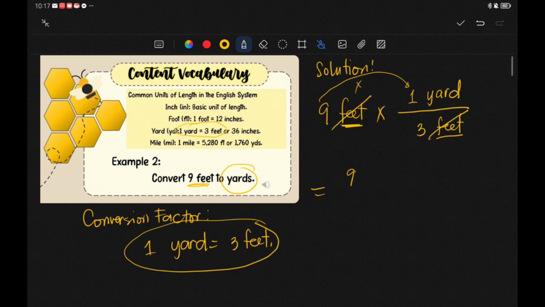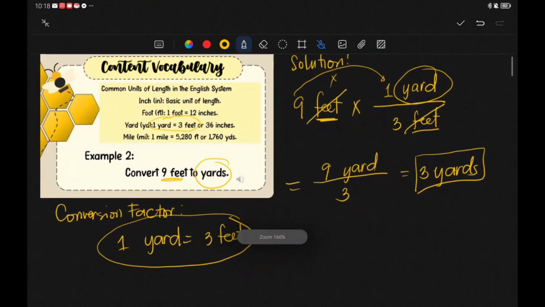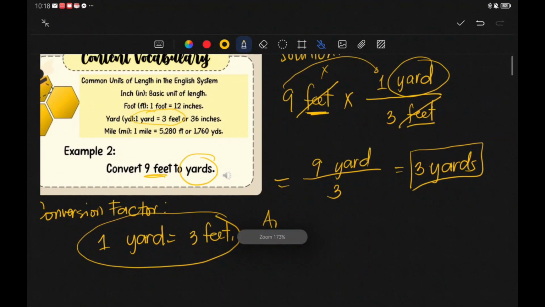Feet can be cancelled out. What remains is yard. So, you write yard over 3. 9 divided by 3, that is 3. So your answer is 3 yards. So your final answer is that 9 feet is equal to 3 yards.